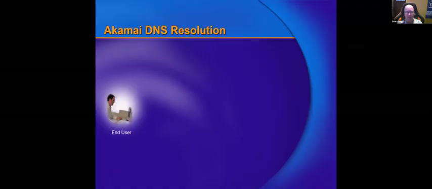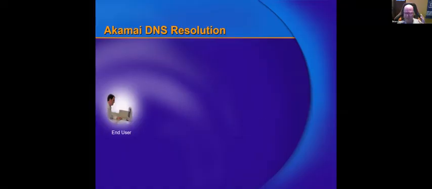And so here, this is the main technical slide of this whole lecture: here's how Akamai DNS resolution works. The user typed in www.xyz.com. That HTML document was fetched. The browser noticed, I've got to resolve these two new names, ak.xyz.com.